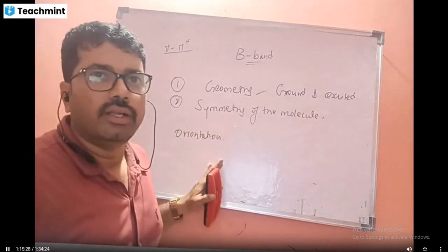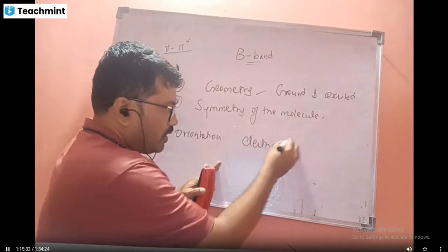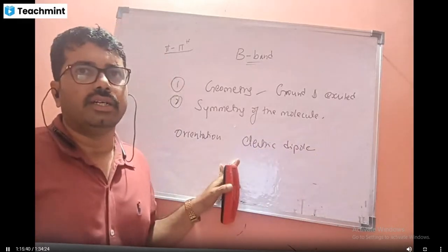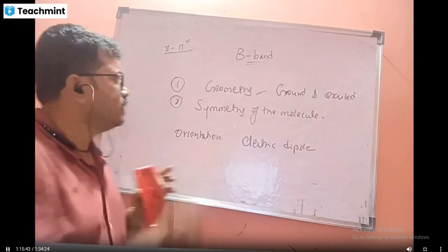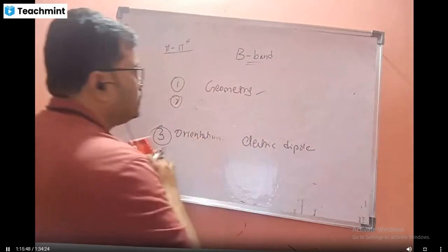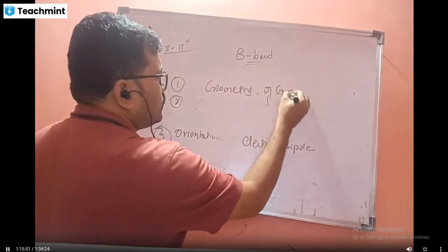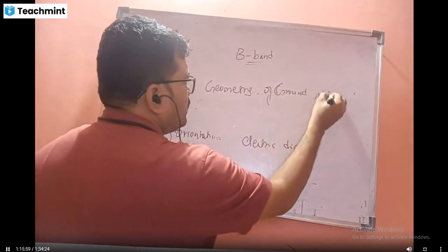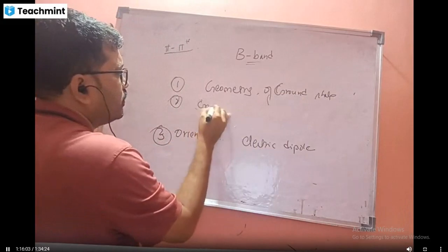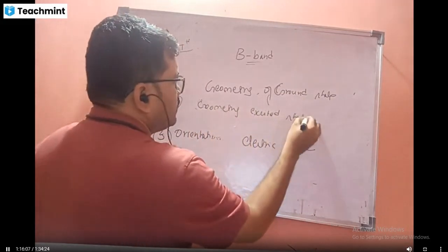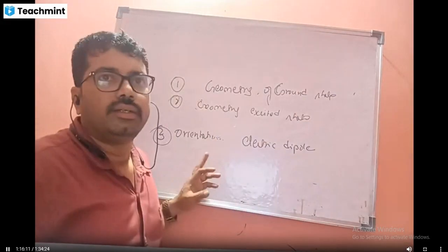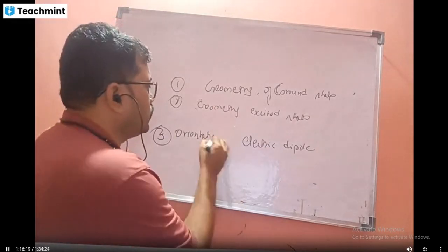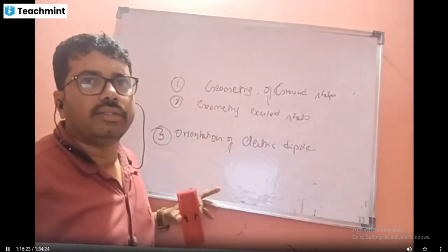The orientation relative to the direction of the applied radiation, the electric dipole. In the transition, the geometry of the ground state, the geometry of the excited state, and the orientation of the electric dipole of the incident light.